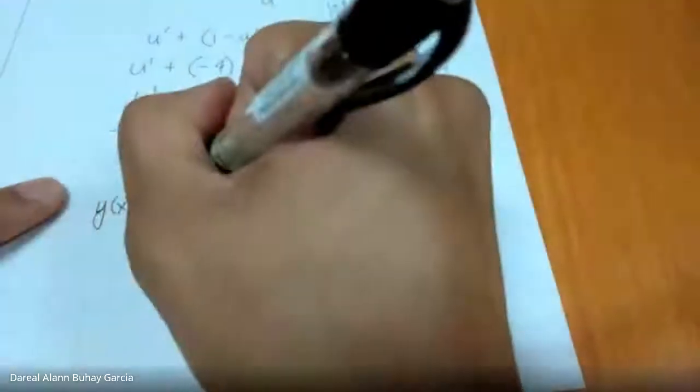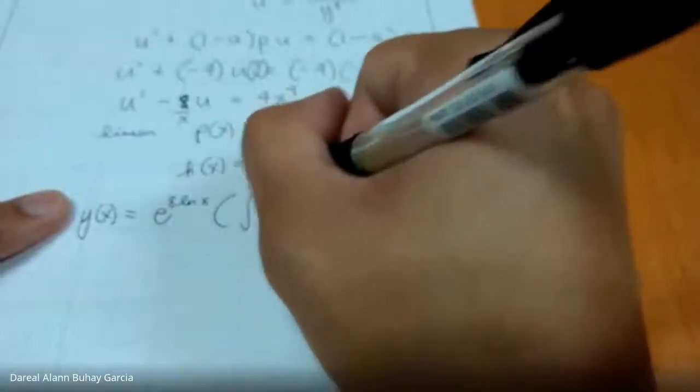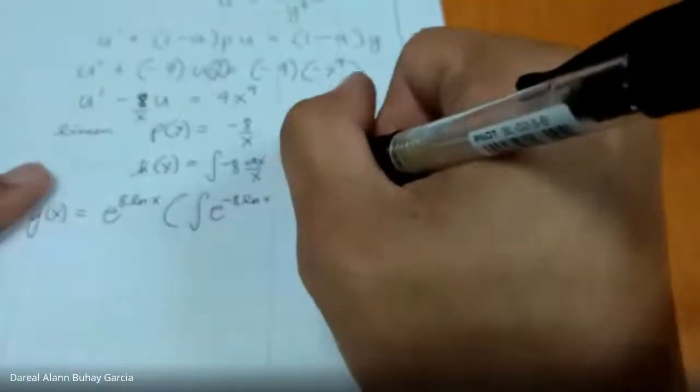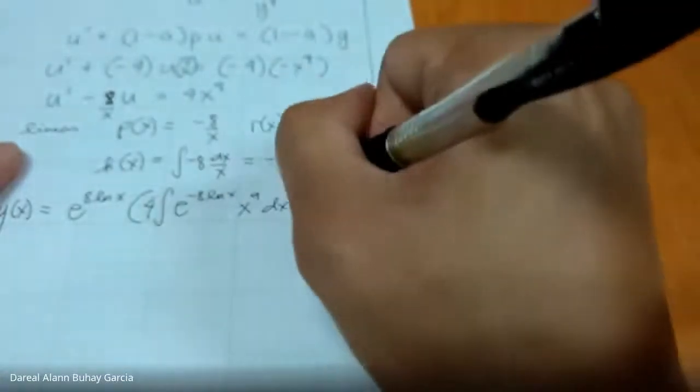u of x is equal to e to the power of negative h of x. So positive 8 ln x, times the integral of e to the negative 8 ln x times r of x, which is 4x to the power of 9, dx plus c.